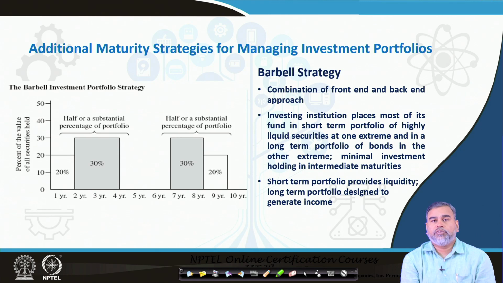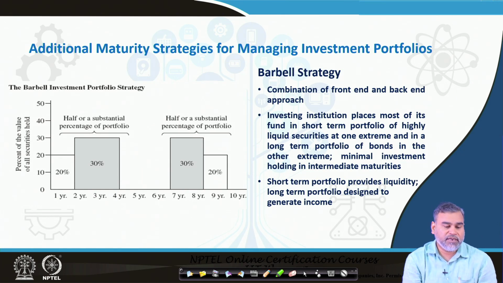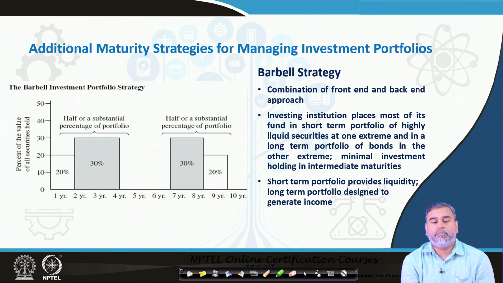Then another popular strategy is called the barbell strategy. The barbell strategy is basically a combination of the front end and back end load approaches. You invest most of your funds in a short term portfolio of highly liquid securities at one extreme, and a long term portfolio of bonds at the other extreme, and keep minimum investment holding in the intermediate maturities.